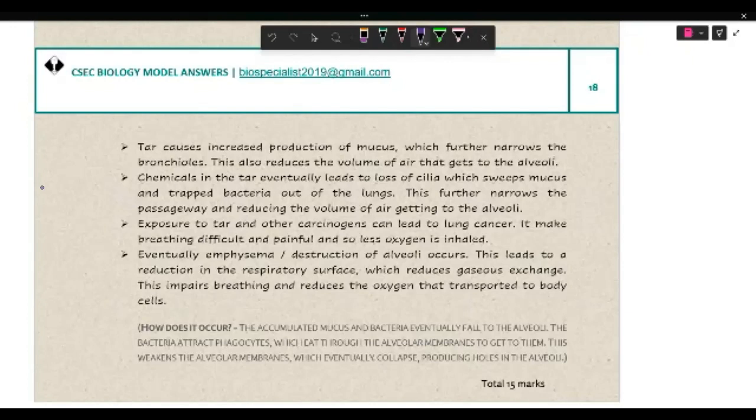Now, you don't have to go into detail about how the alveoli are destroyed, because again, we want to be stingy with our time. You just have to indicate that eventually emphysema occurs, destruction of alveoli occurs, and that, of course, is going to reduce your respiratory surface, because that's your respiratory surface, your alveoli, right? And that's where the gaseous exchange is going. So if the surface where the gaseous exchange is happening is full of holes, that's going to mess everything up.